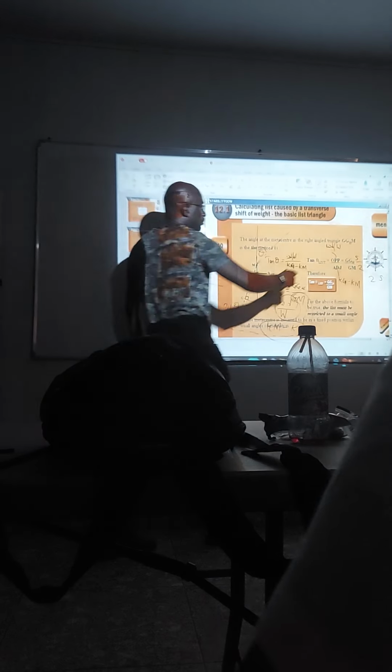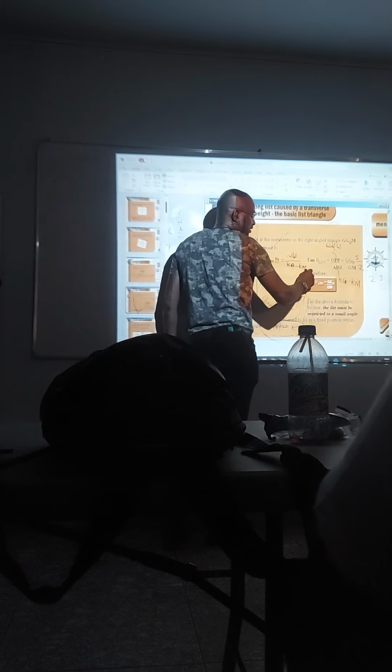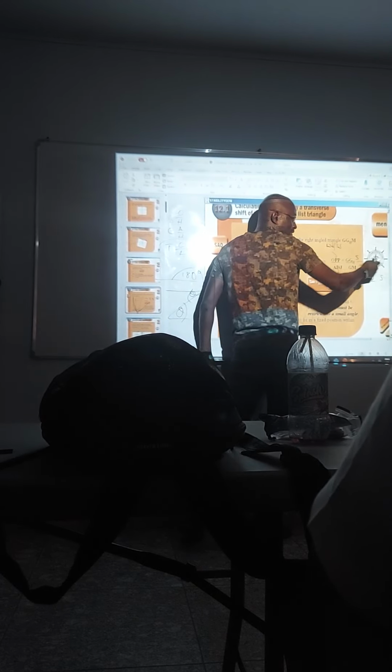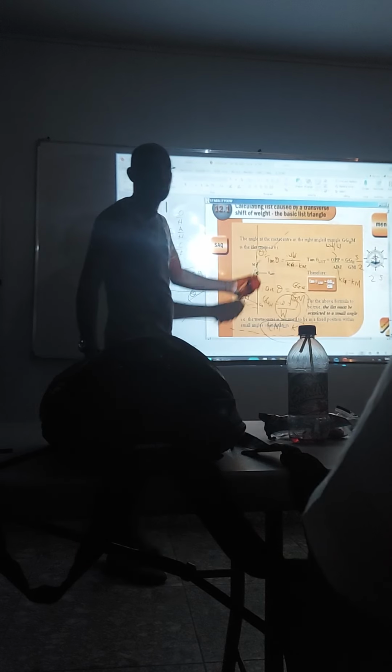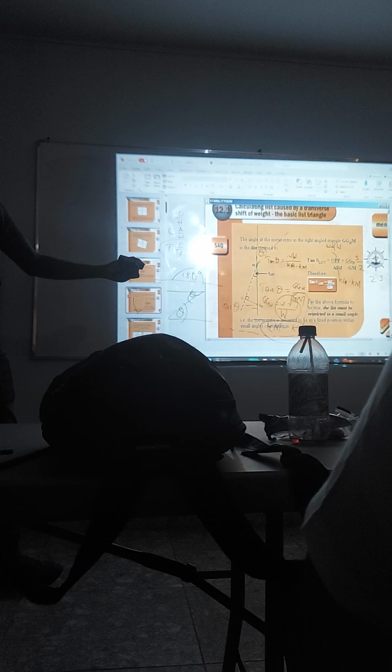So the student who tells me opposite over adjacent is equal to this divided by this, and then equal to 5 over 2, which is equal to 7, I'd say, well, the student knows what he was doing, it's just somewhere along the line they used the wrong value. They know the formula, but they used the wrong value.